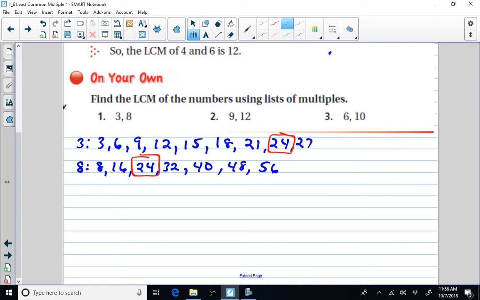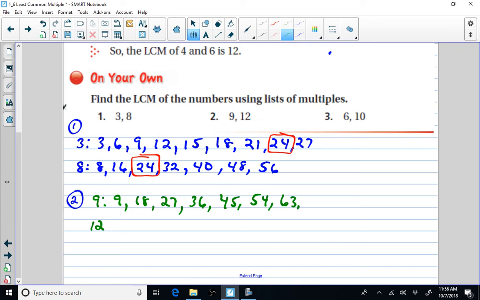Okay, let's try number 2. Let me label that number 1. Let's go to number 2. We have 9 and 12. For 9, we have 9, 18, 27, 36, 45, 54, 63, 72, 81.